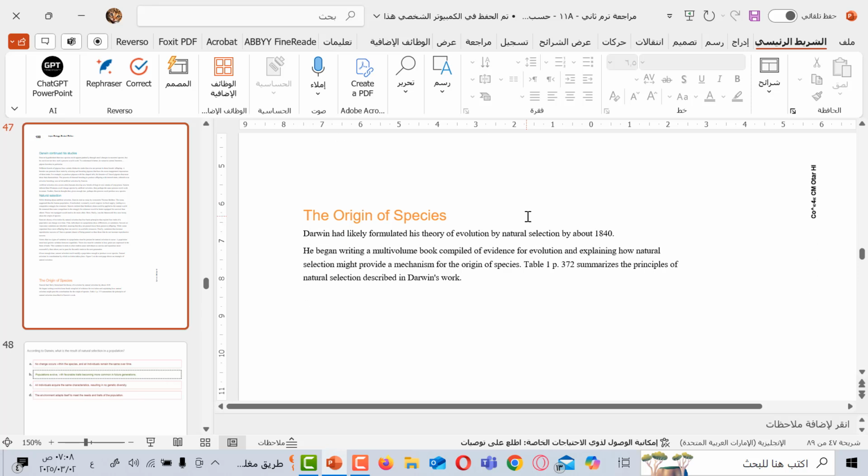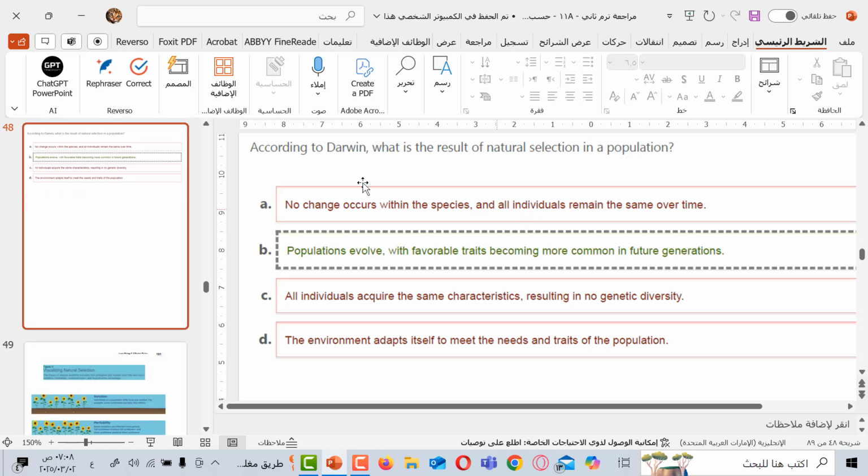Here, according to Darwin, what is the result of natural selection in a population? No change? No. All the individuals acquire the same characteristics?